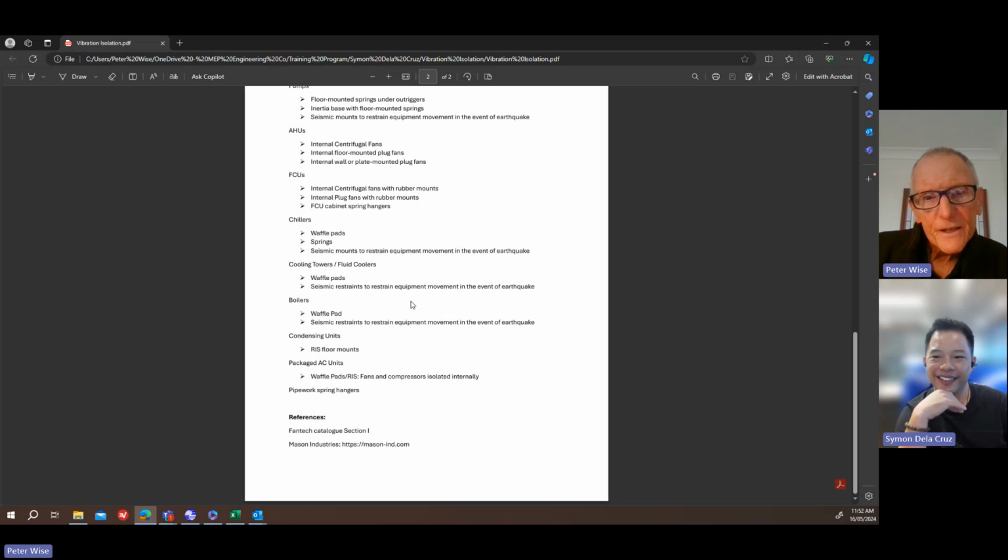So they've got to be protected, and you've got to protect the equipment in the building. It's not just the HVAC equipment; it's the whole building. You don't want bits falling off the building and injuring people, particularly people who can't escape. So there's the importance, and the number of people.